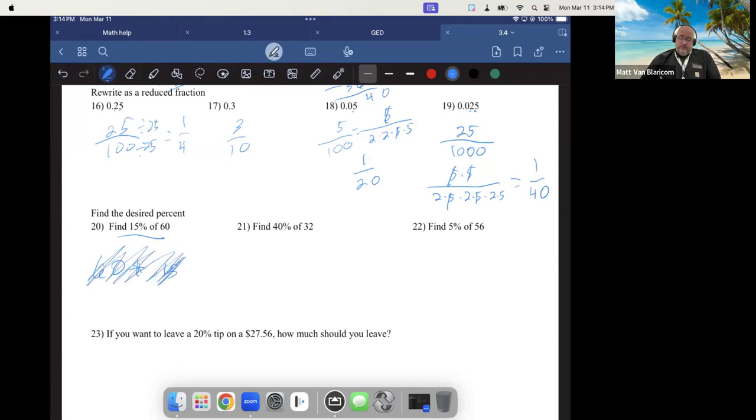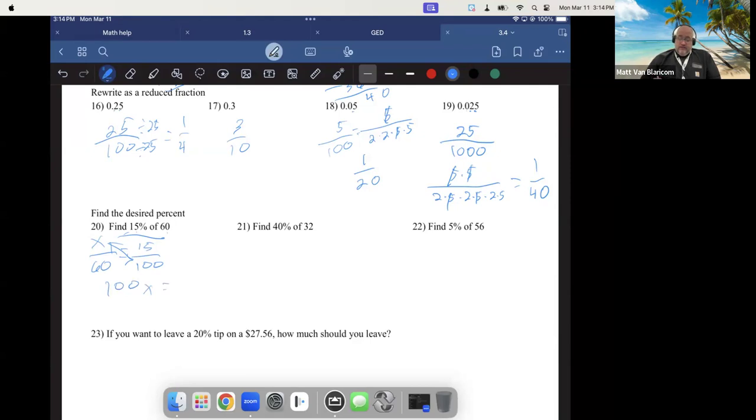So let's have a look here. What is 15% of 60? So we don't know our is. 15 over 100. We get 100 times x is 100 x's. Must have been a rough year. And then 60 times 15.